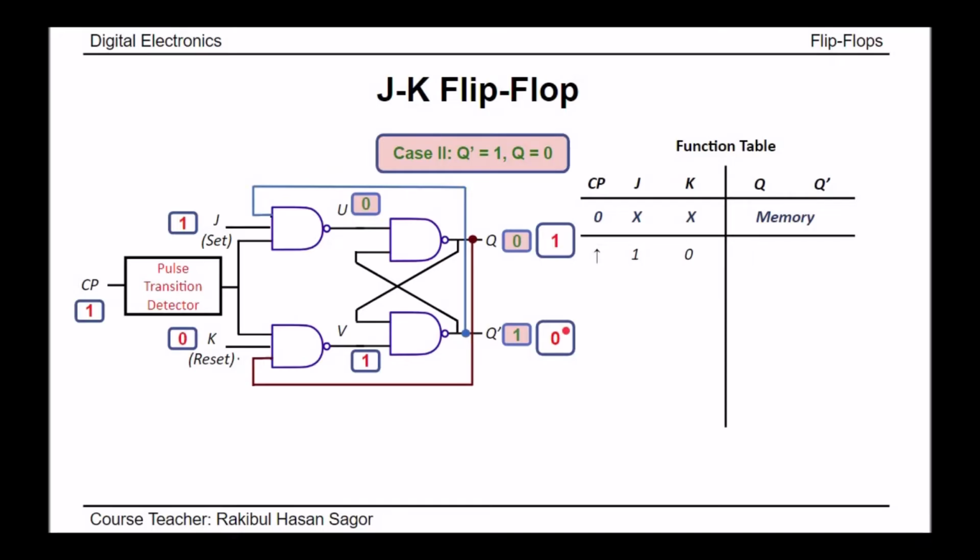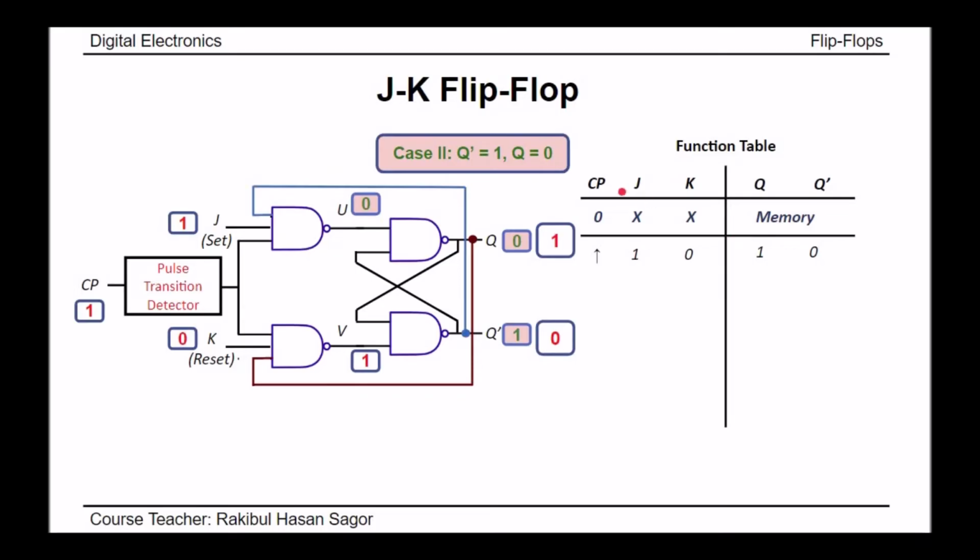So for both the cases, we are getting q equal to 1 and q prime equal to 0 for j equal to 1 and k equal to 0. So I can write, for j equal to 1, k equal to 0, when the clock was triggered, the output q equal to 1 and q prime equal to 0, which is considered as set case.